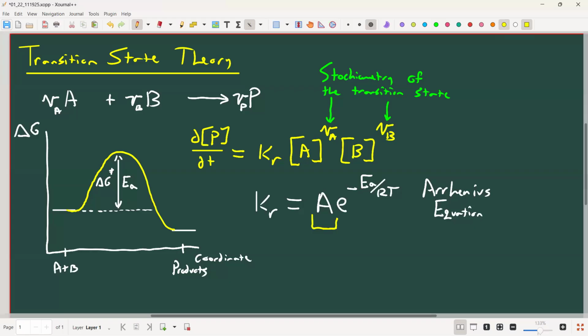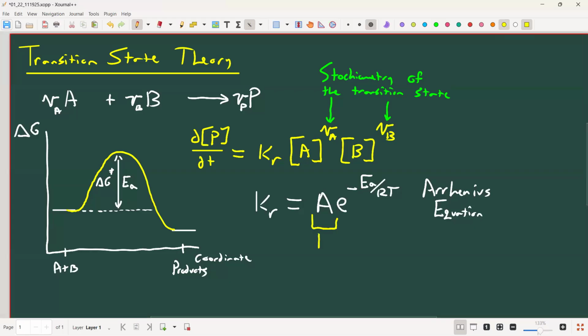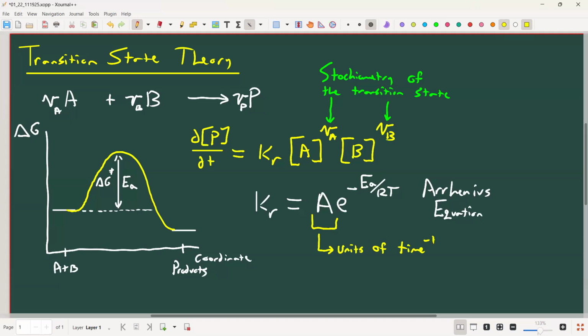It's the only thing that has units of time in here. Well, it has inverse time. So you can imagine that if this is the thing that gives us some base rate, then it must be the thing that varies with pressure. Because if you have more collisions per second, A should be larger.